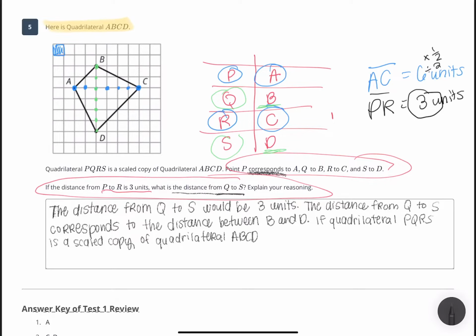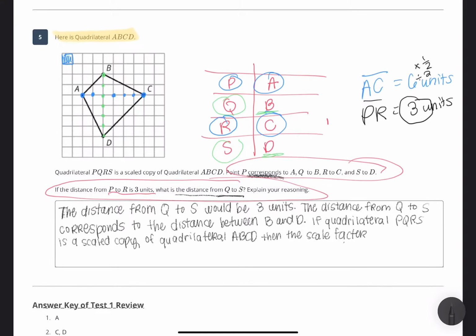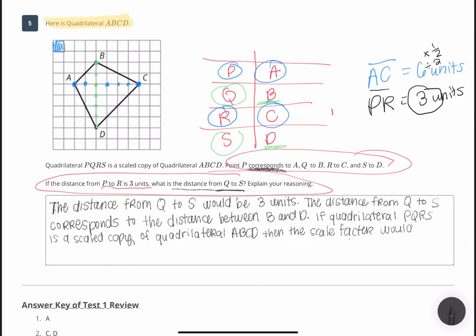Then you can put, I multiply the scale factor times the distance between B and D, and I was able to get 3 units, and so on.